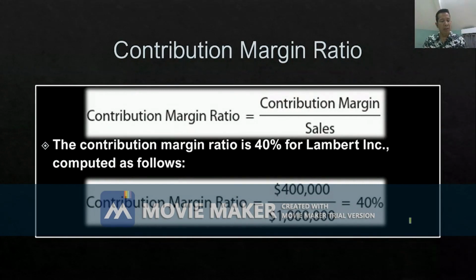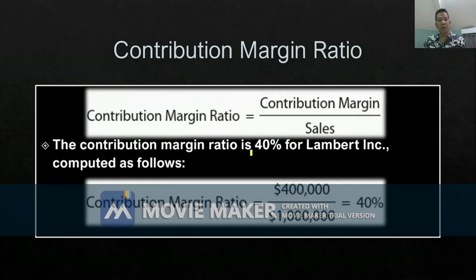Contribution margin ratio is most useful when the increase or decrease in sales volume is measured in sales dollars. In this case, the change in sales dollars multiplied by the contribution margin ratio equals the change in income from operation, which is computed as follows. Contribution margin ratio equals contribution margin over sales.